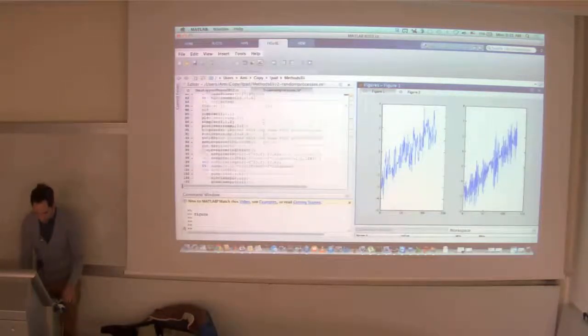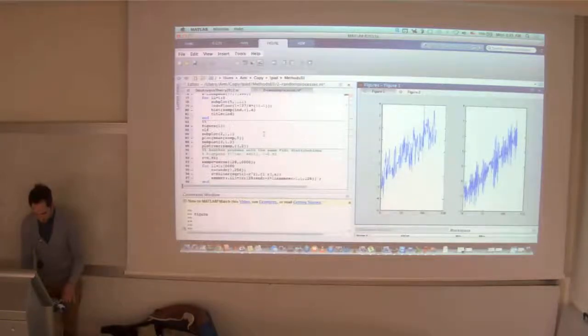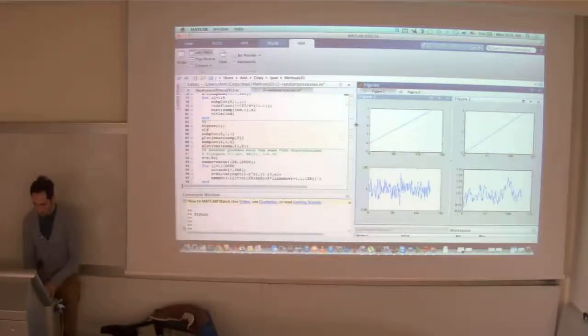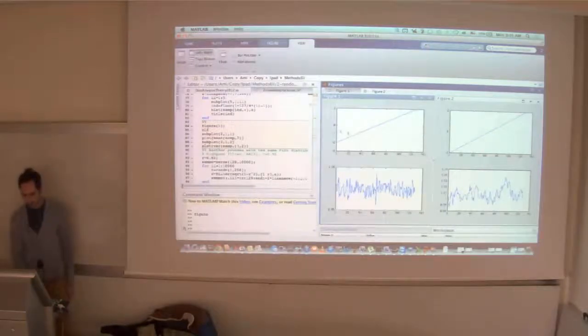Let me run the same code. Okay, so at least for the mean property and also for the variance of the noise in time, it seems that both of the processes have almost the same parameters, right?